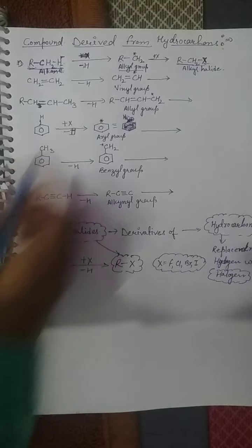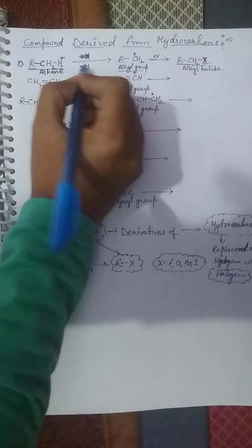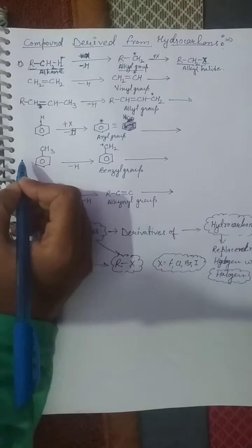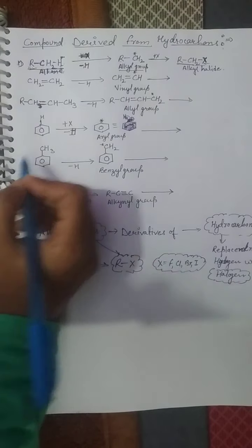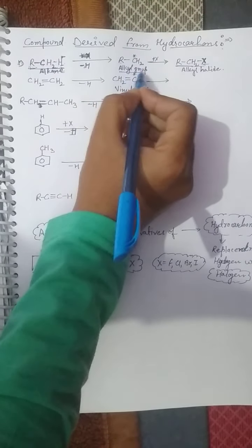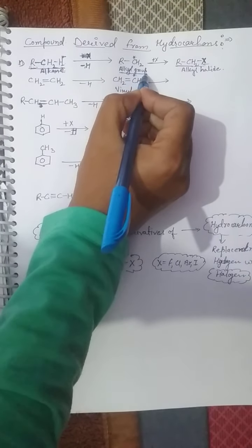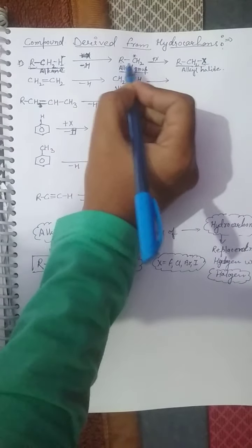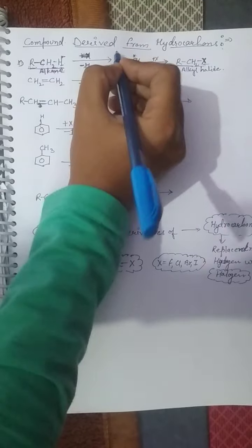Now if we replace the hydrogen of the alkane, it leads to the formation of the alkyl group. This alkyl group can be written as the RCH2 group, or simply as the R group.